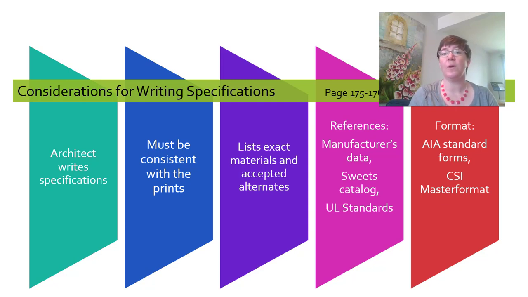Specifications have a specific format. There are some AIA standard forms that can be used, and most of them will follow the CSI master format. And we're going to be talking a lot more about CSI master format this week.